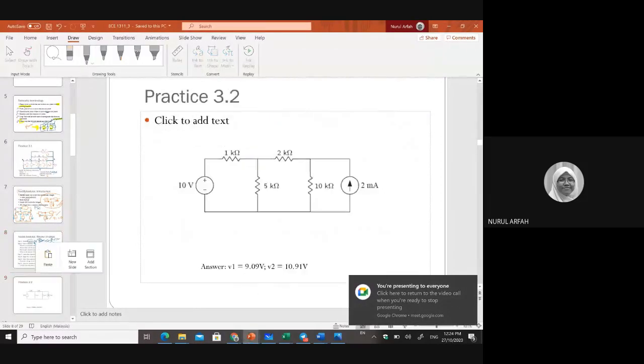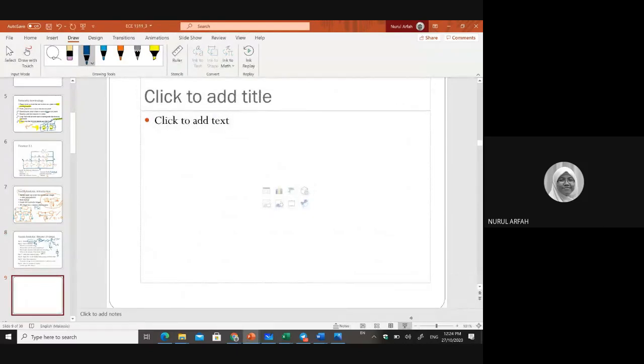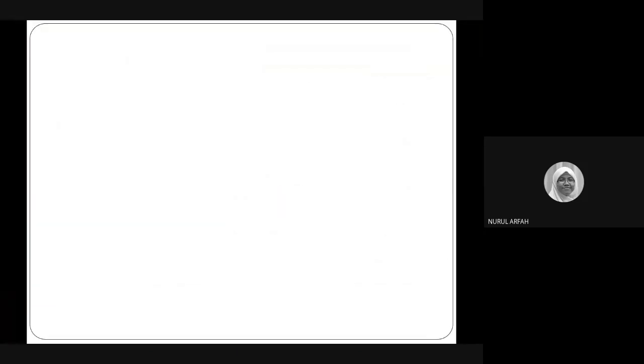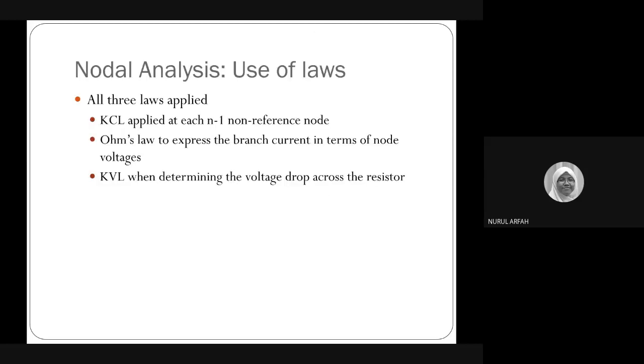Okay, I think I'll simplify the steps for you. First, you're going to identify the essential nodes, the essential nodes with the most branches.